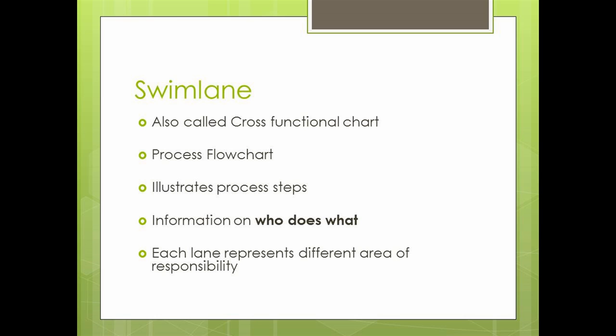As we all know, there is more than one participant, actor, or department involved in any process. So while depicting a process map on a swimlane diagram, each participant, or you can say an actor, is assigned a different lane.